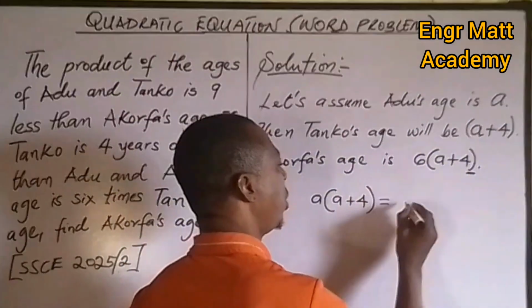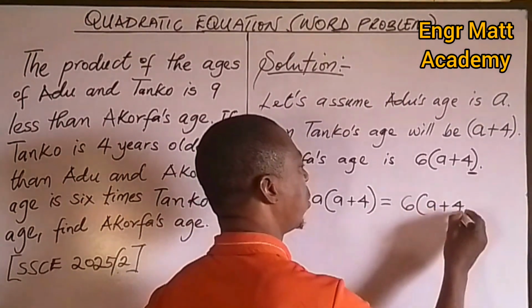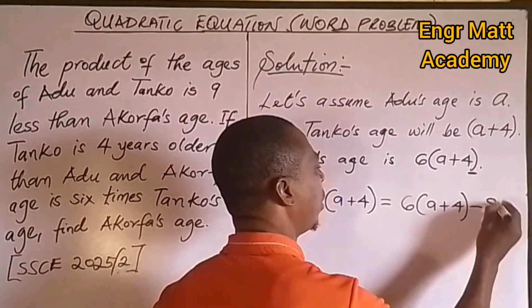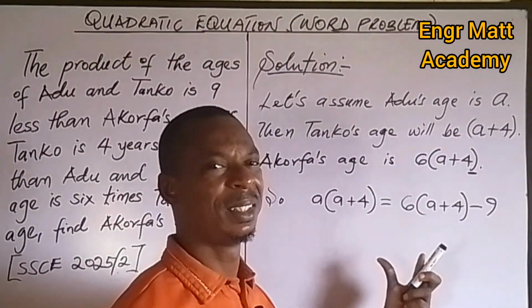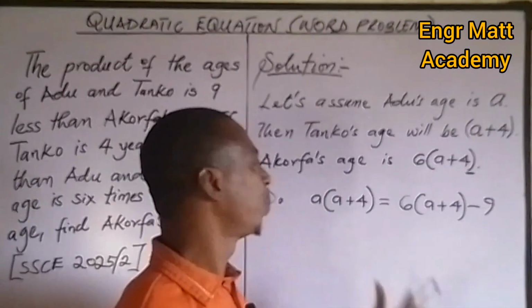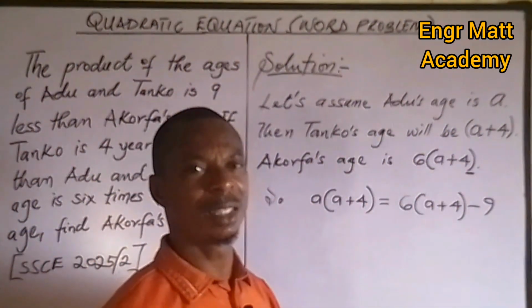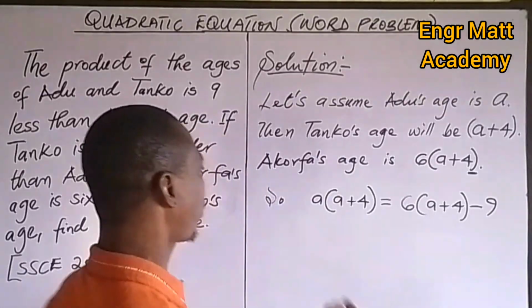So we say Akofa's age is 6 times A plus 4, minus 9. That is the equation. The next step is for us to expand the equation by clearing the brackets, by removing the brackets. Let's do that.